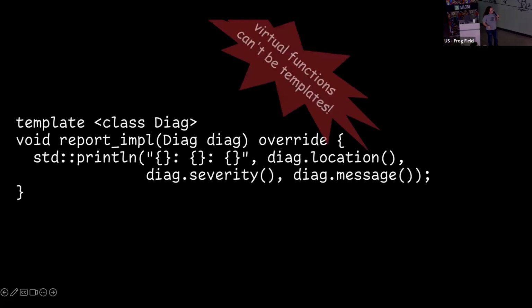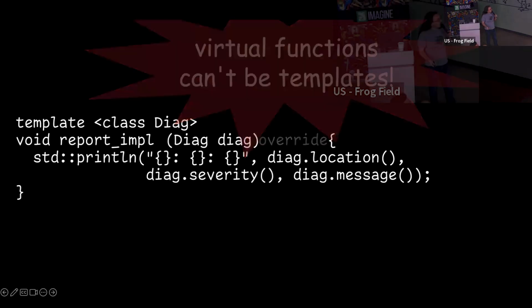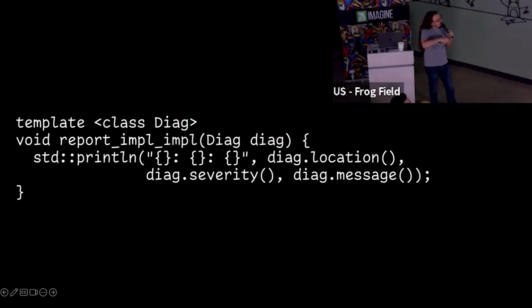But when we do this, there's a problem. The compiler complains because our function's a virtual function. Because it's a virtual function, it can't be a template. Templates and virtual functions don't play nice together. So we can't actually do this technique. Well, actually, we can if we make report impl a normal function. It's not a virtual function.